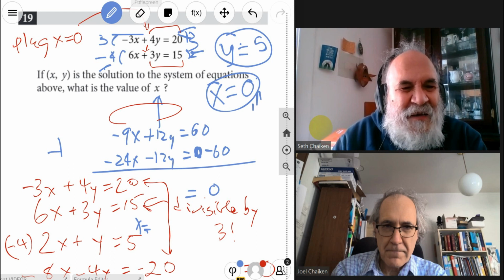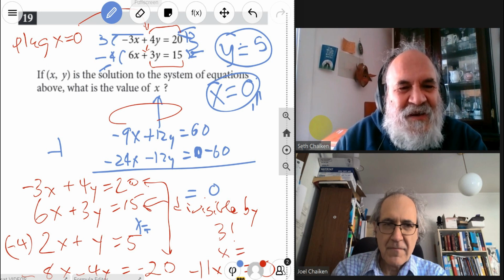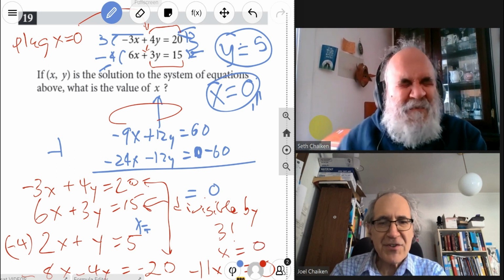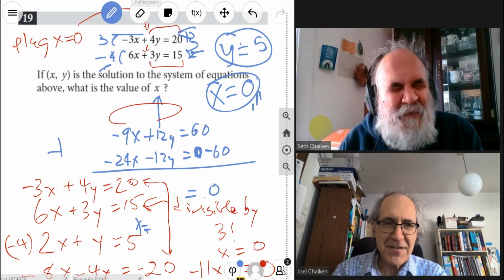Plus 4y plus minus 4y equals 0. Minus 3 plus minus 8 is minus 11 multiplied by x. I get minus 11x equals 0, whose solution is x equals 0. Well, first of all, who cares about the minus 11x? It doesn't matter.